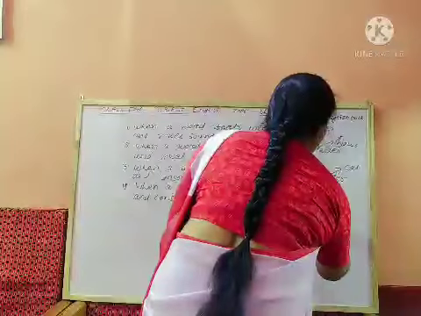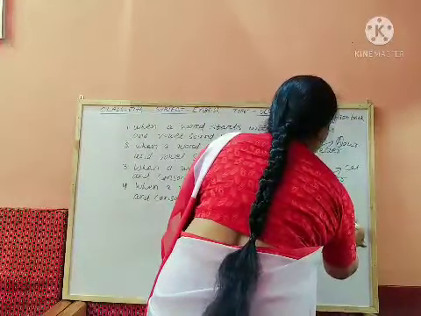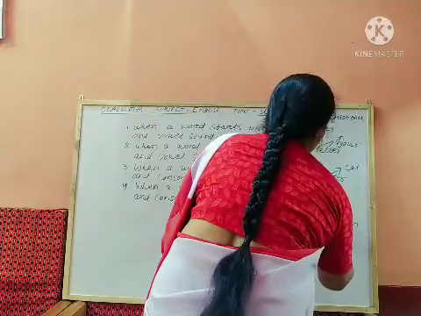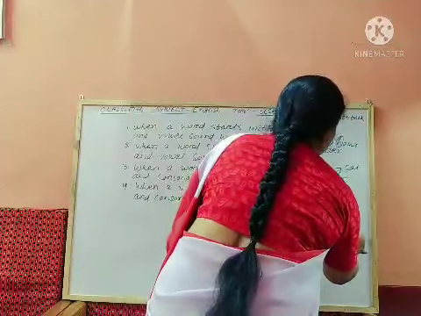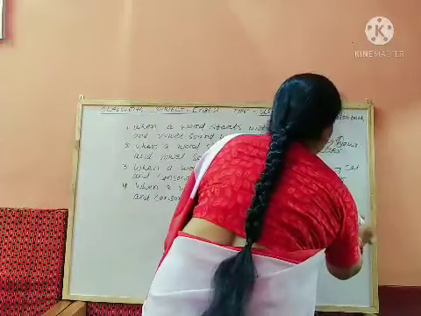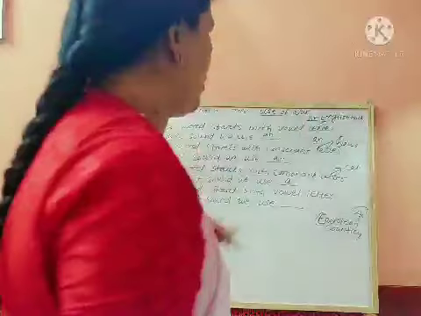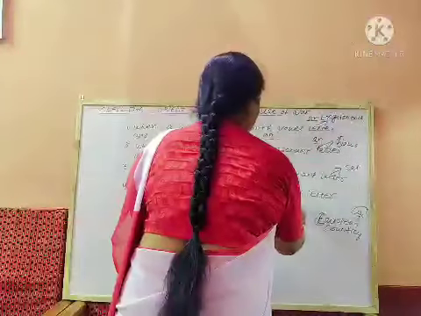For example, European country. E is the vowel letter, but the sound is consonant "yu." In this place we use A.